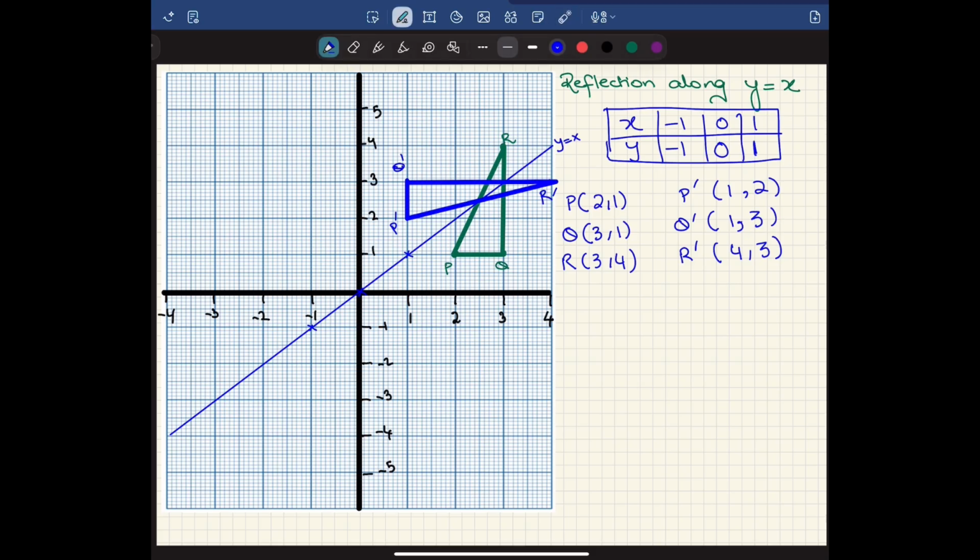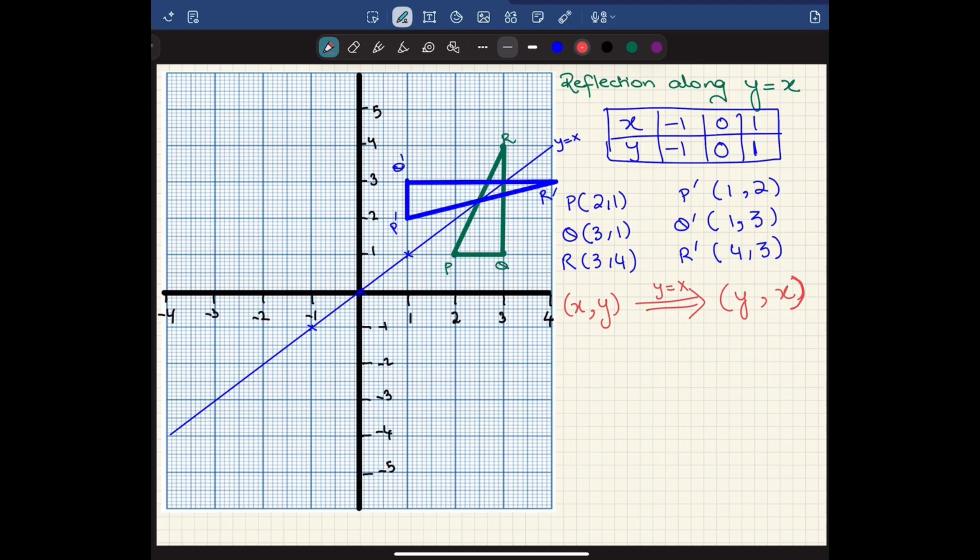So when you reflect the coordinate XY along the line Y is equals to X, the X coordinate becomes the Y coordinate and the Y coordinate becomes the X coordinate. So we swap the X and Y coordinate. Okay.